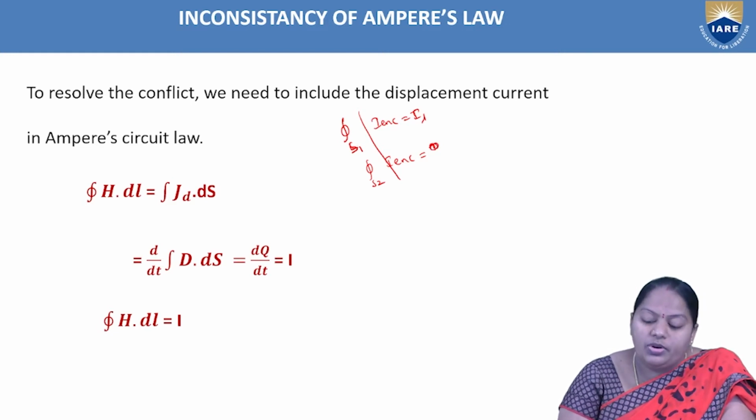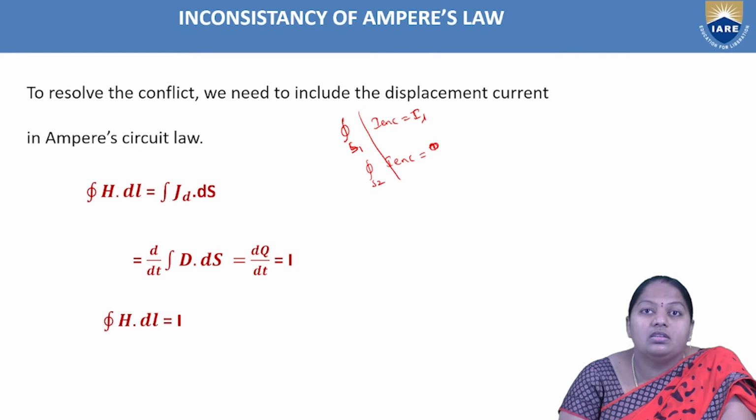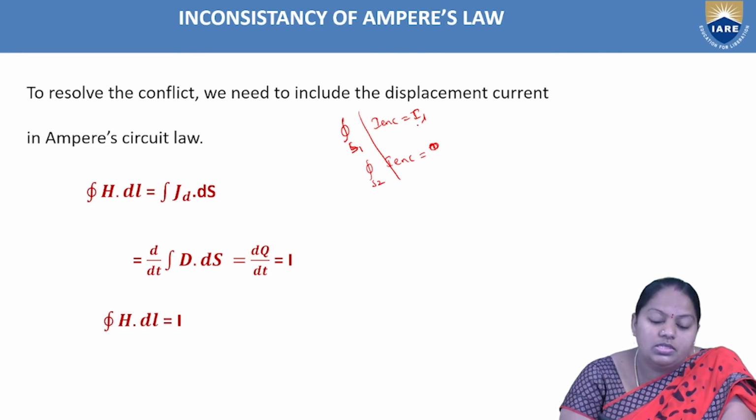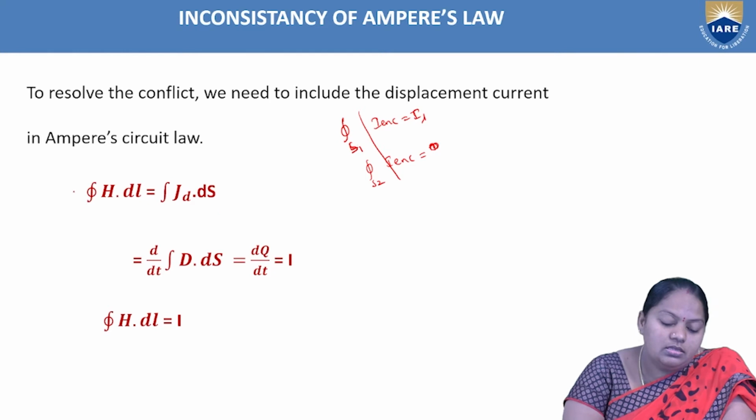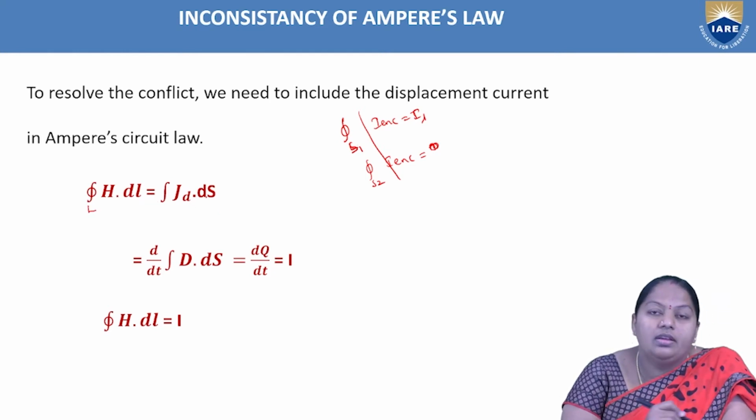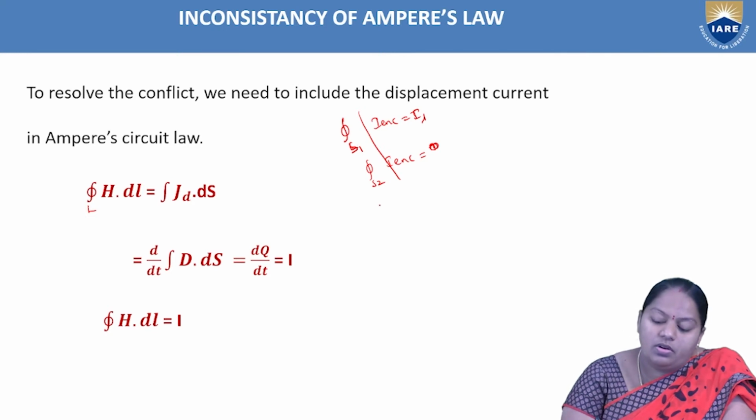So in order to produce the current in path 2, which should also equal I, to resolve that conflict we need to include the displacement current in Ampere's circuit law. Hence the integral L of H dot dl is equal to the integral of JD dot ds. Why? Because according to Ampere's circuit law, the integral of H dot dl is equal to I enclosed.